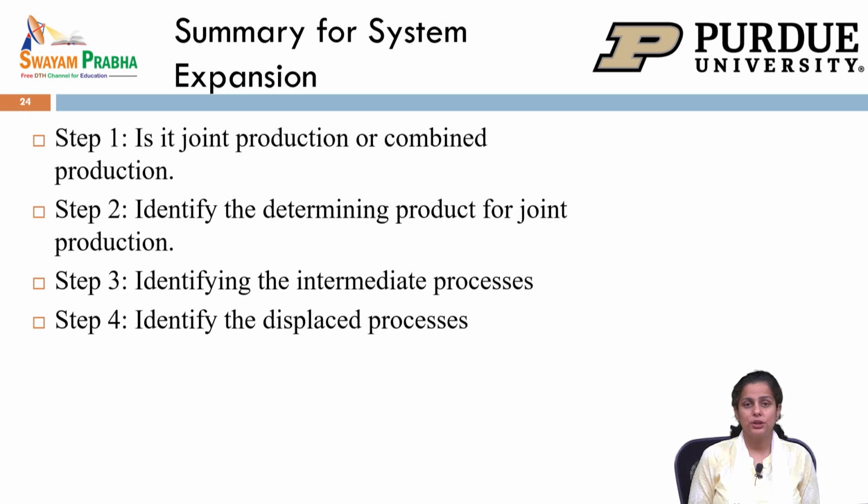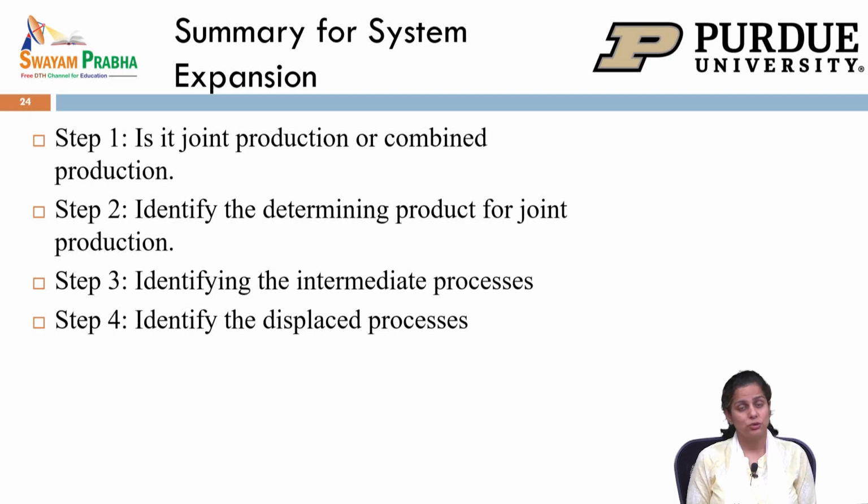Then you need to identify the intermediate process, which determines how the co-product is being handled, and the intermediate process impact is generally given to the determining product in case of the scenario when you have the market not matured. And then you have to identify the displaced process. Most of the time there might be an alternative production route for the co-product, and that is the one that is displaced.